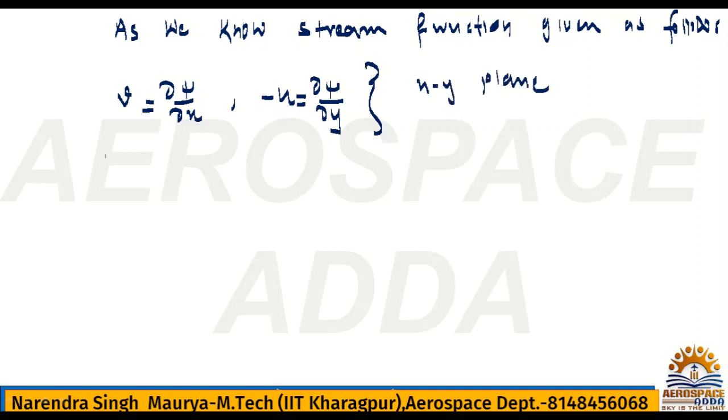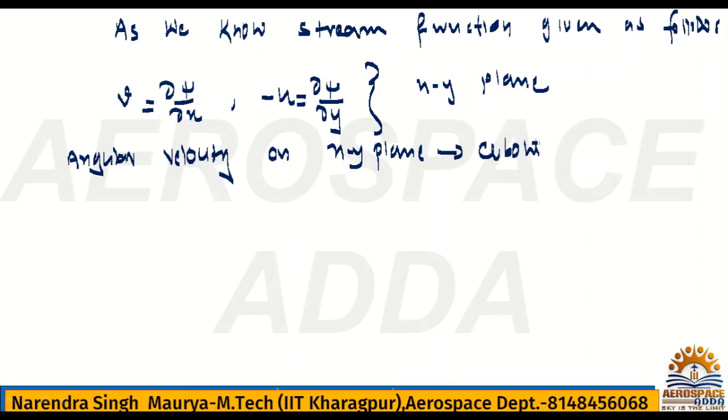Now we can write angular velocity. If I am saying xy plane, it means about the z axis.